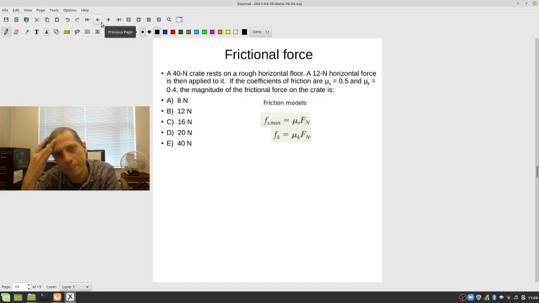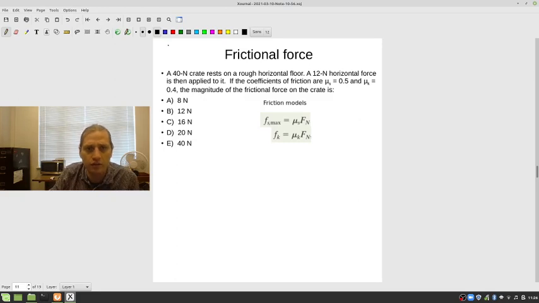Okay, now, this is a tricky problem, and I am going to give you one that is almost exactly like it on the test. So let's read it carefully. We have a 40 newton crate resting on a rough horizontal floor. 40 newtons means that the force of gravity is 40 newtons.